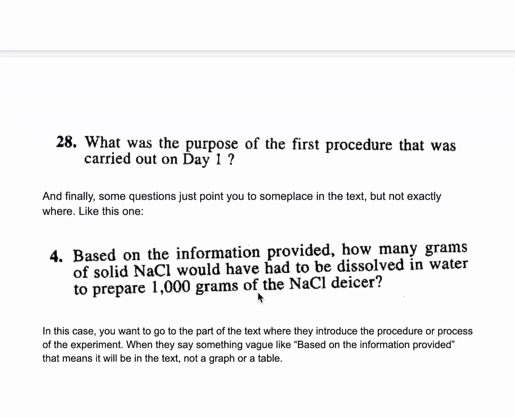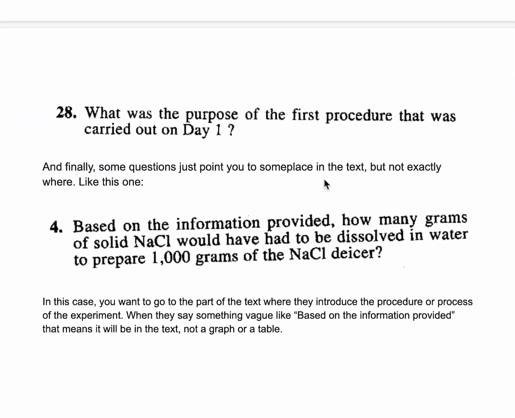All right, and then sometimes they just point you to someplace in the text, but not exactly where. So based on the information provided, how many grams of solid NaCl would have had to be dissolved in water to prepare 1,000 grams of the NaCl deicer? So you're going to have to look at, okay, what is the NaCl deicer and where are they talking about dissolving it in water and stuff like that?